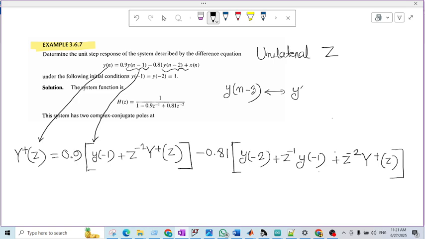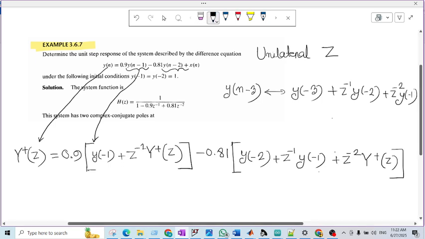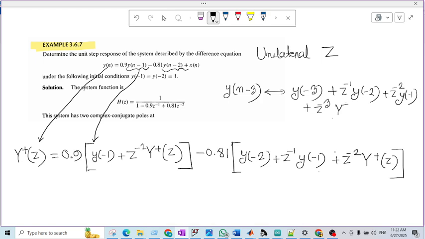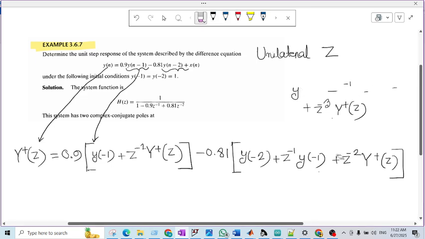First you have to write y[-3], then z inverse 1 y[-2], then z inverse 2 y[-1], and then z inverse 3 Y plus (z). Okay, so you have to write this like this.